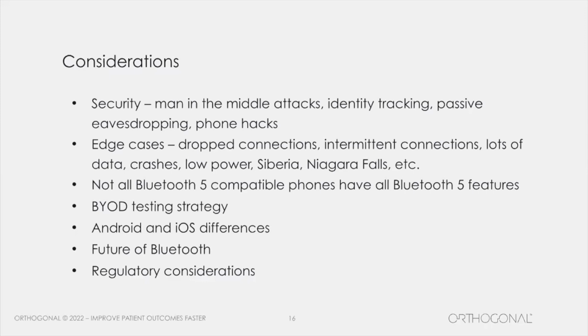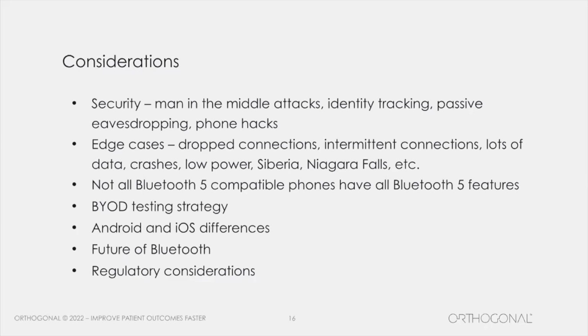But similarly with Bluetooth, there's two things going on. One, they're more comfortable with it for certain types of things, and in terms of BYOD, early on, only phones that you had tested that exact model and that operating system version were allowed.